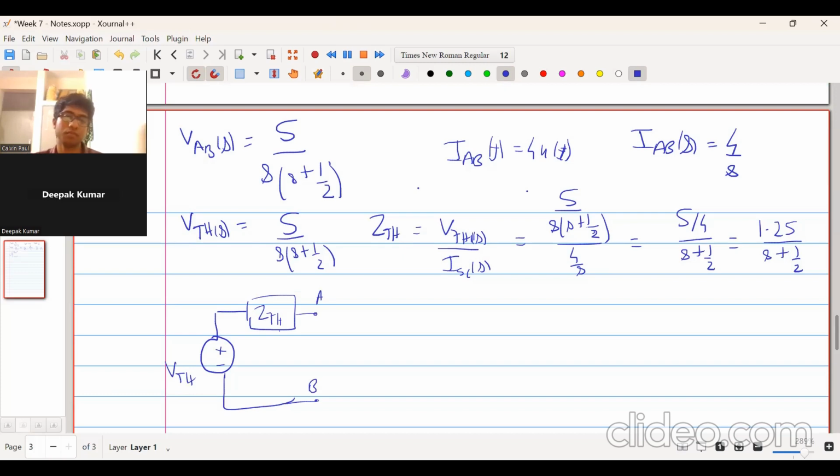Then they connect a resistor of 2 ohm across AB and want you to find the current flowing. So what will be the equation of the current? I is equal to VTH upon ZTH plus 2.